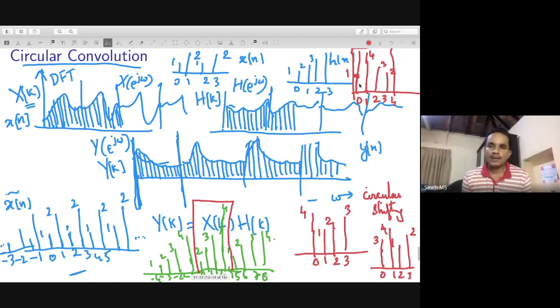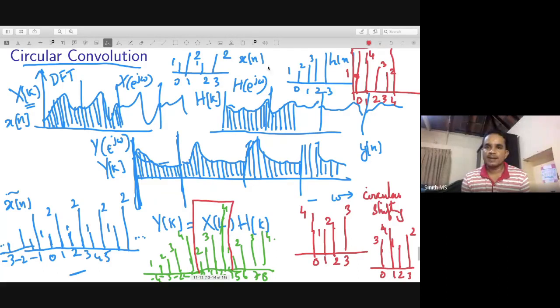So what happened to time reversal? If you actually do time reversal for this 1, 2, 3, 4, you will get 4, 3, 2, 1. Normally, this 3 point will go to -3 with a value of 4, 2 will go to -2 with a value of 3.